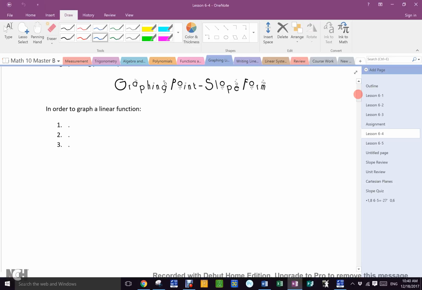How did you know where to put the ruler? Excellent. How did you know where to start that line? From coordinates. And where did we get the coordinates?